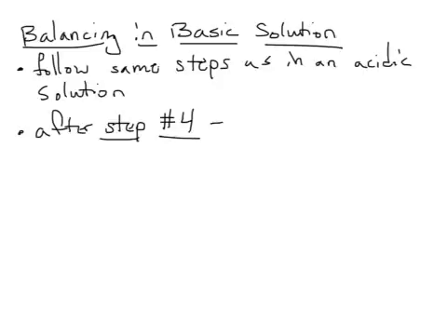If you look back at step number 4, it told us for an acidic solution you add water to balance O's and H pluses to balance H. It makes sense. H positives, right? That's your acid, your acidic solution. You do the exact same thing in a basic solution. You treat it like it's in an acidic solution. So you do step number 4.